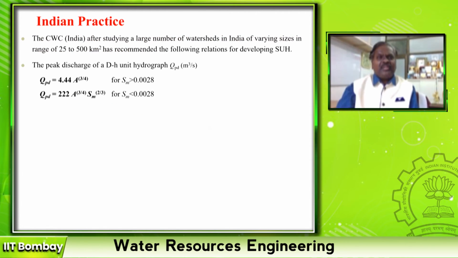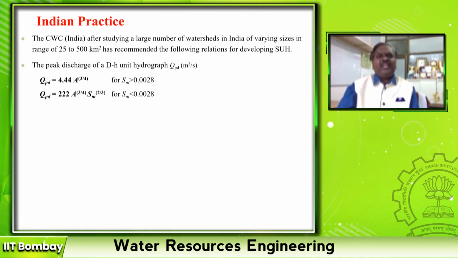Okay, but in Indian scenario, the Central Water Commission, Government of India, has given a set of guidelines to derive unit hydrograph for various watershed in India for the area ranging from 25 to 500 kilometer square, right? And we call this as synthetic unit hydrograph.